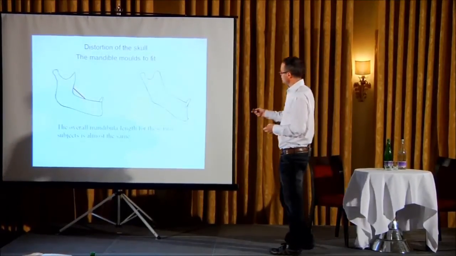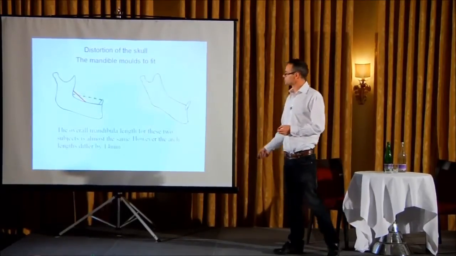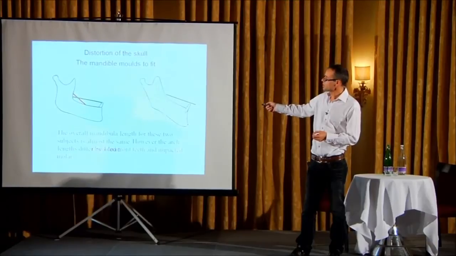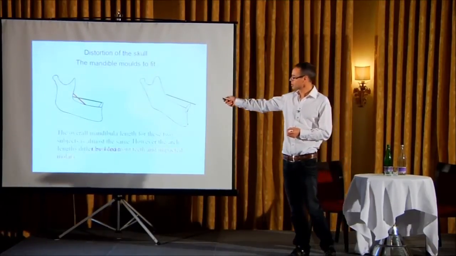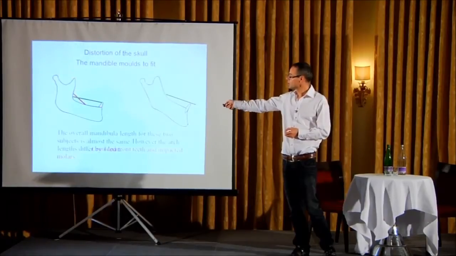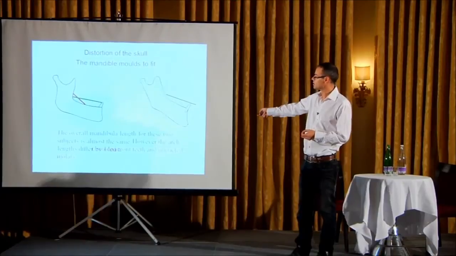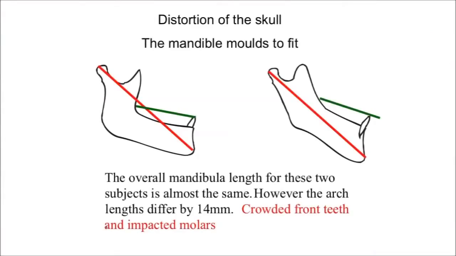Now, a graphic illustration of this is that these two mandibles are the same length. One of them is coming from a horizontal grower, this mandible here, and the other one has come from a vertical grower, this mandible here. And of course, the increase in the vertical change has changed the shape of that mandible.